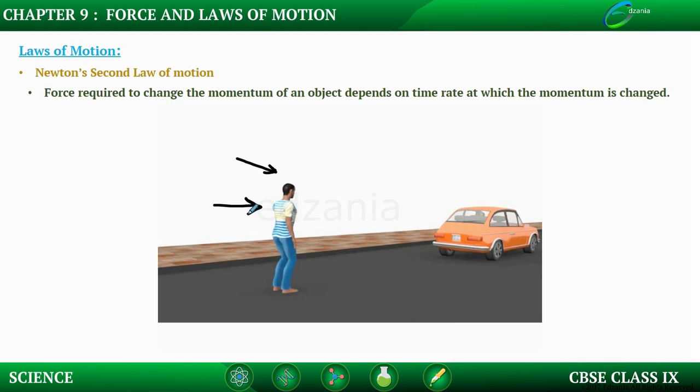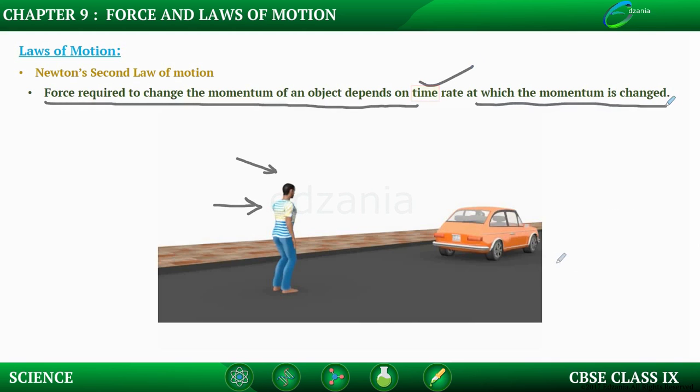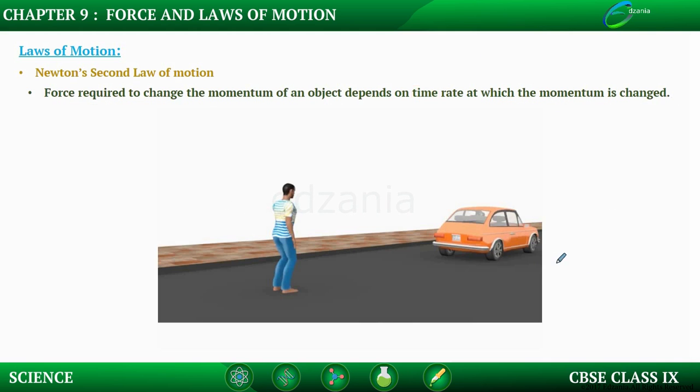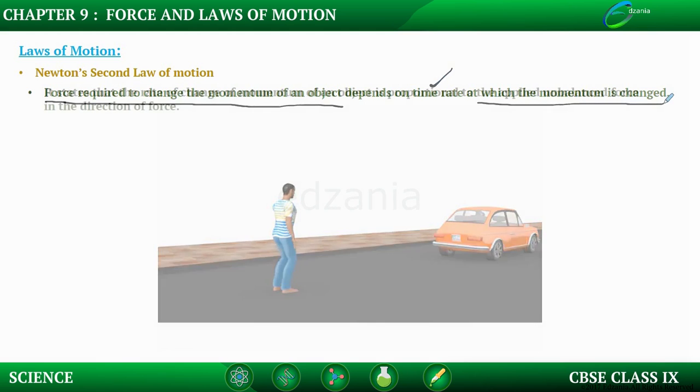Thus, we can conclude that the change of momentum of the car is determined not only by the magnitude of the force, but also by the time during which the force is exerted. Therefore, the force required to change the momentum of an object depends on the time rate at which the momentum is changed.